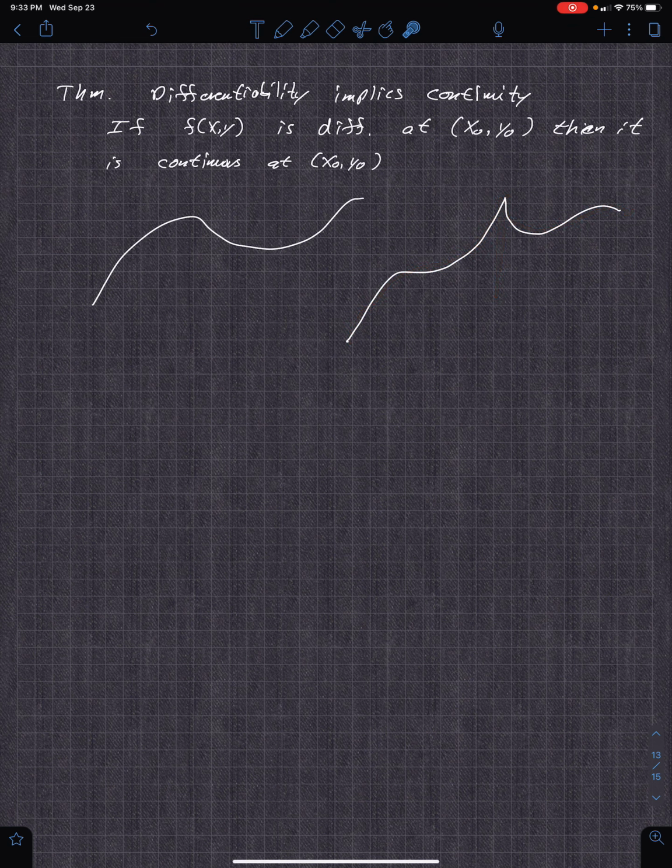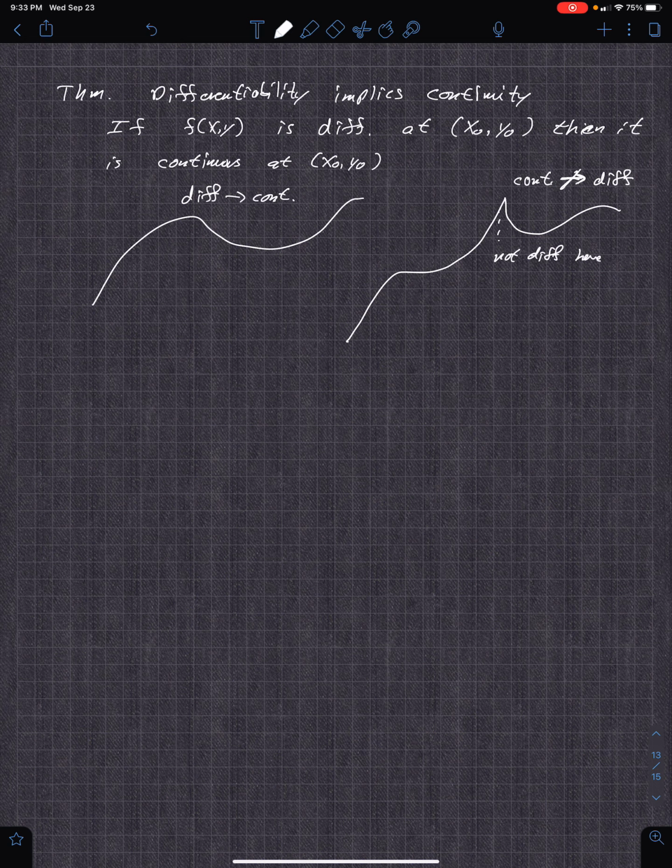Okay, so this is differentiability implies continuity, but continuity does not imply differentiability. So it's not differentiable here, whatever value that is. So you could have a corner or a cusp, and it's not differentiable.